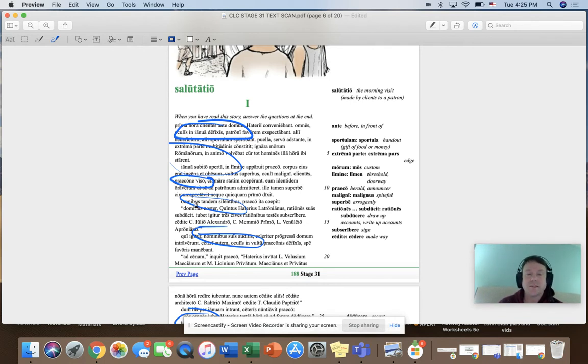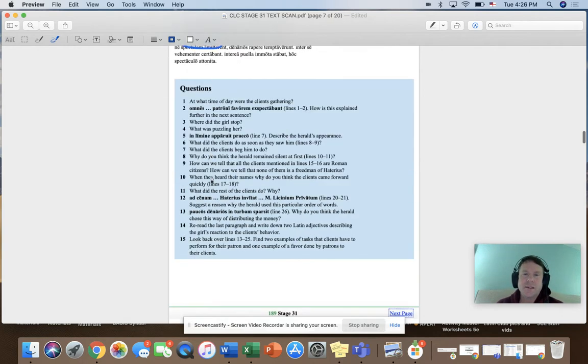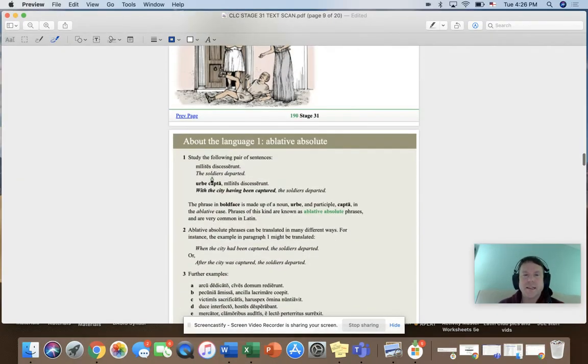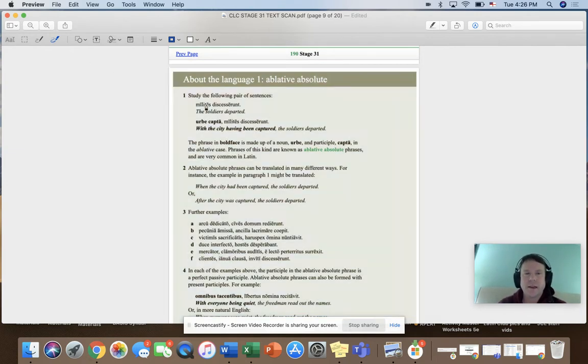Omnibus tandem silentibus, with everybody finally being quiet. Nominibus suis auditis, with their names having been heard. And the last one, his verbis dictis, with these words having been spoken. These are all really good examples of what's called the ablative absolute.